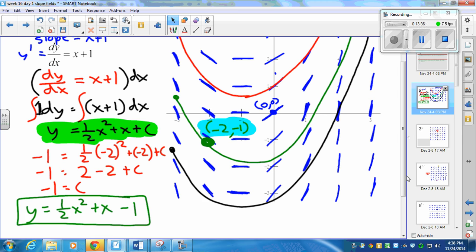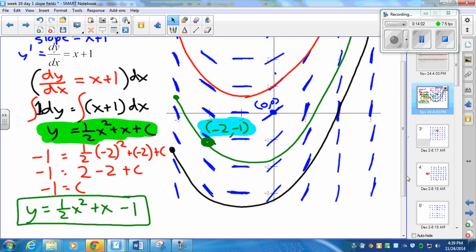And remember, that slope field is just creating the general path because it's giving you little ticks, little slopes of what you're allowed to do as you pass through those points. So like at -2, -1, my railroad is going through that dot at a slope of -2. So it tells me where I'm at, and it tells me what my slope is at that moment.